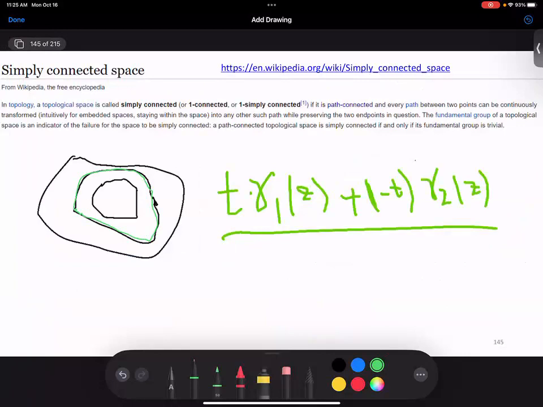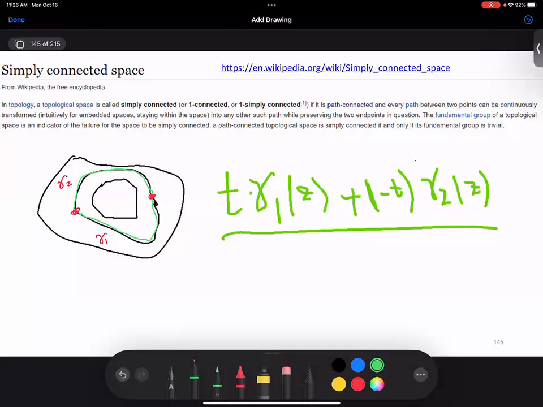All right, so I don't want to go into too much detail right now about simply connected and stuff like that. I'll let you look at the book. What I'm looking at here is a space that's not simply connected. It has a hole in it. So if I give you two curves, connecting say 2 points, and maybe here is gamma 1, and here is gamma 2, can I pass from one curve to another?